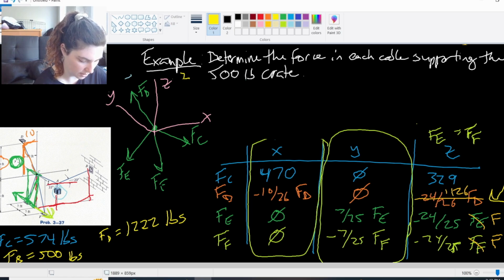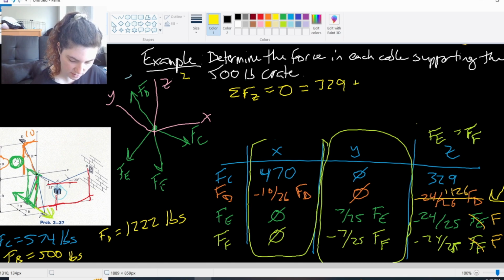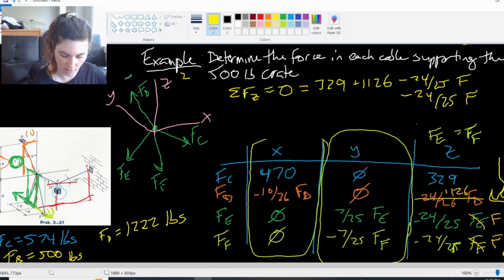So my equilibrium equation about z, sum of forces in the z direction, 0, equals 329 plus 1126 minus 24/25 times F minus 24/25 times F, right? Just adding everything down the column here.